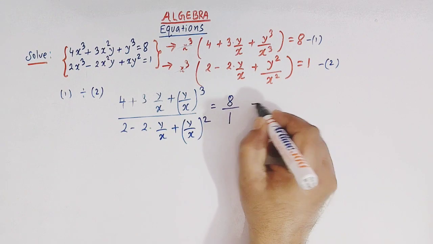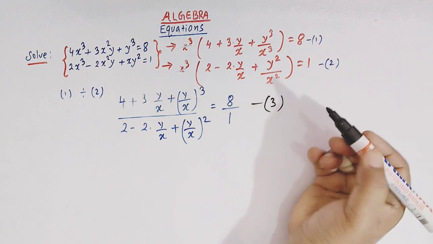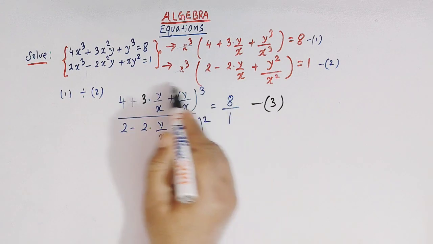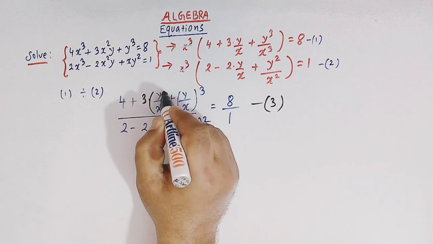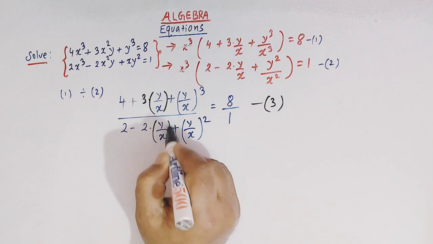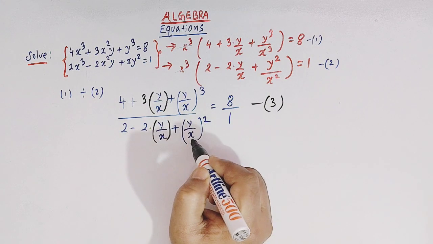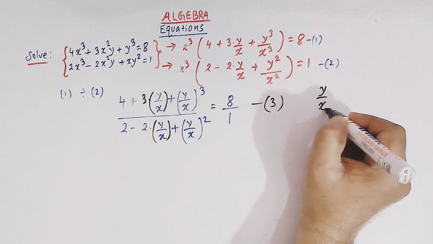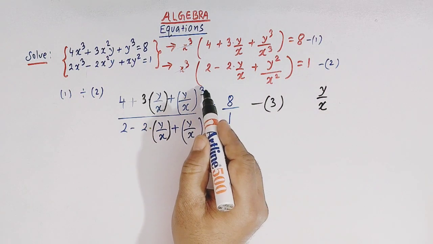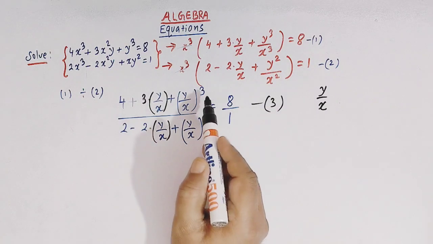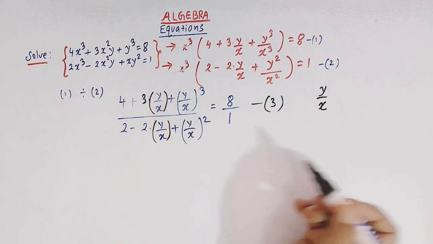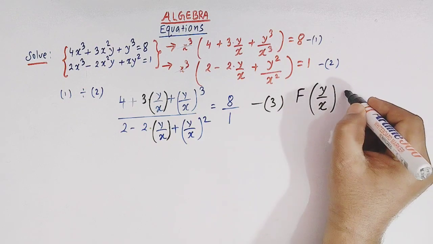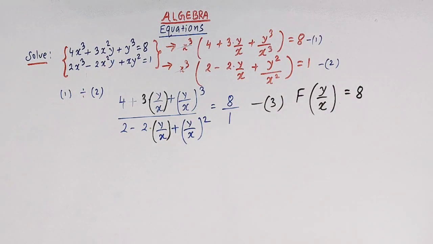So now we have this equation, right? Now if we closely look at this equation, then we can see that the numerator and the denominator both are functions of y over x, right? So now we can write this entire equation like this, that is f of y over x is equal to 8, right?